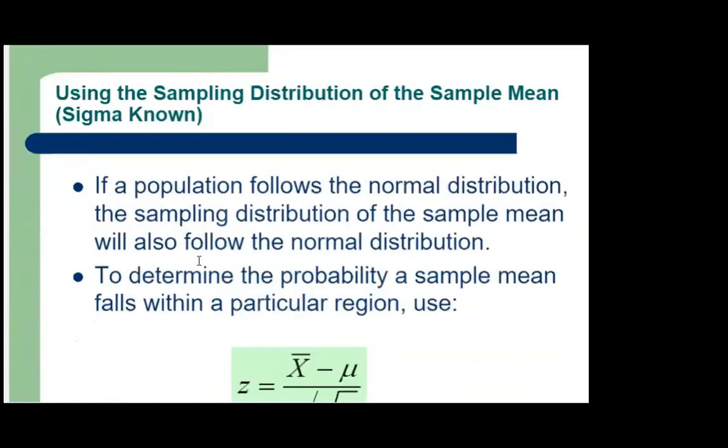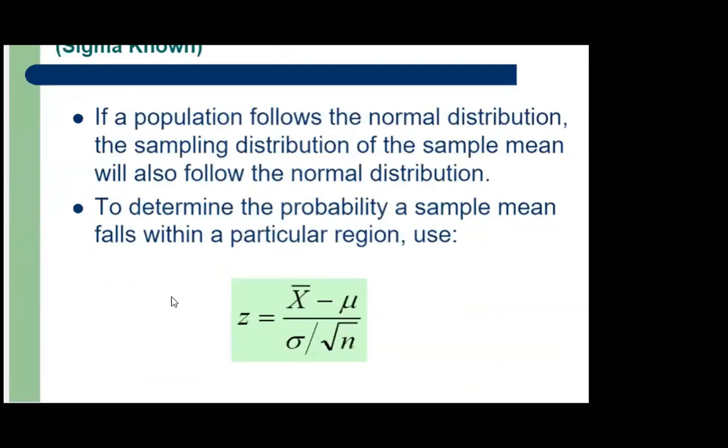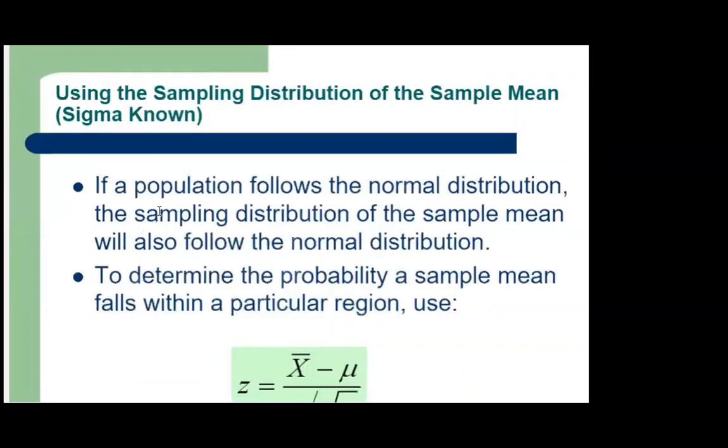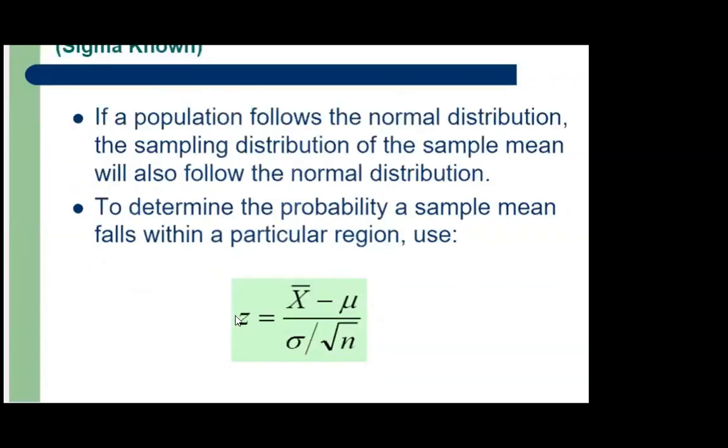So the formulas we use, if you remember from the past, convert the distribution of your values from x to z. Previously it was z equals x bar minus mu over sigma. Now, x bar is the same when you have a sample mean. But what's changing is sigma is changing to sigma over radical n.